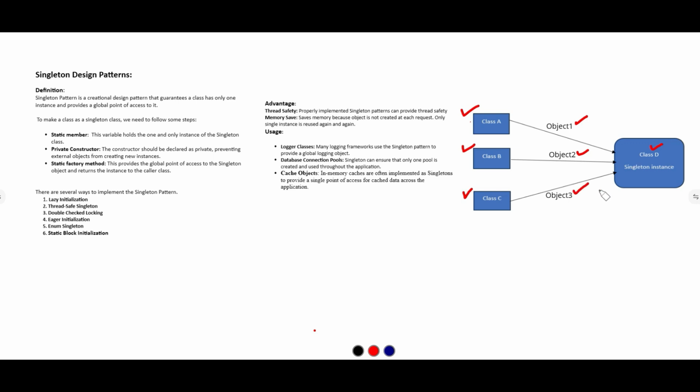But do we really need three different objects here, since the class is the same? If we can create a single instance and all the classes can access that single instance, then we can also achieve our requirement, right? We can fulfill our requirement.